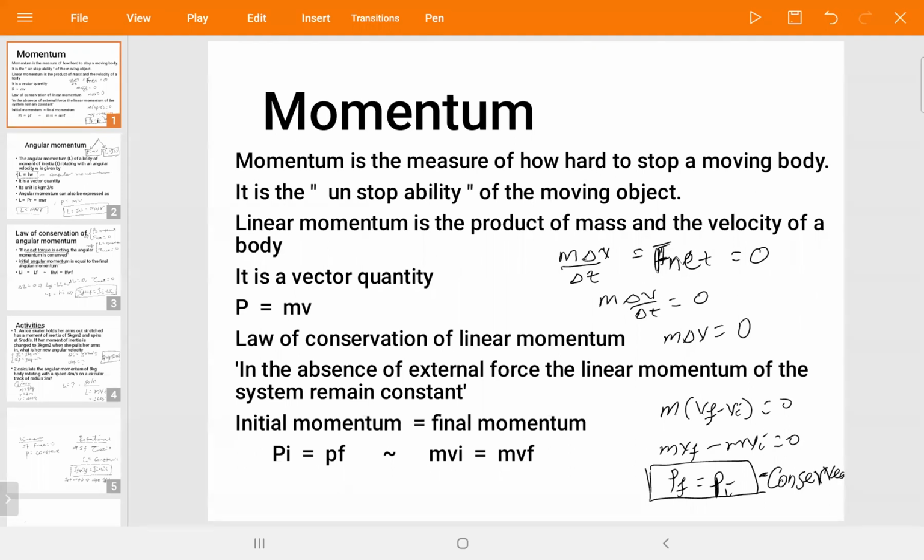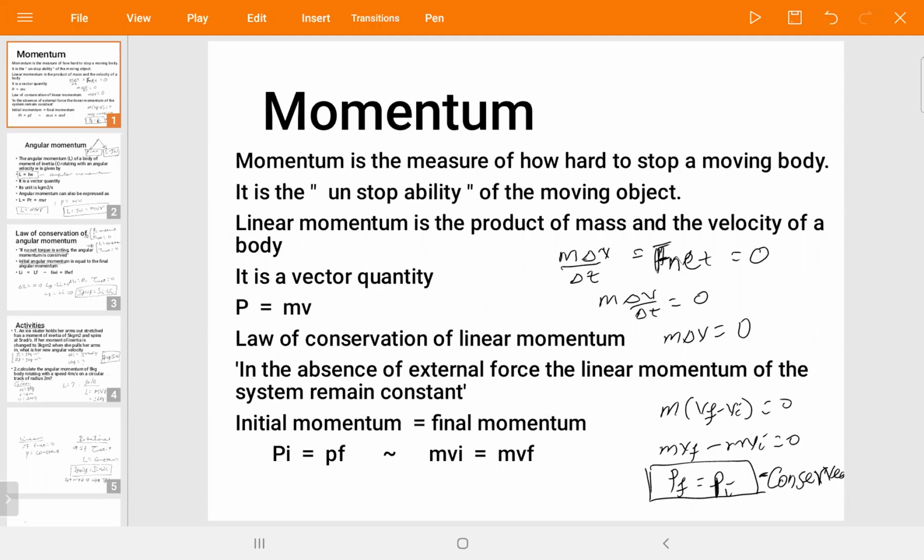Okay, to summarize, we have said that momentum is the measure of how hard it is to stop a moving object, which is the unstoppability of a moving object. Any object in motion does not need to stop its motion, it needs to continue its motion. To stop it depends on its mass and speed.